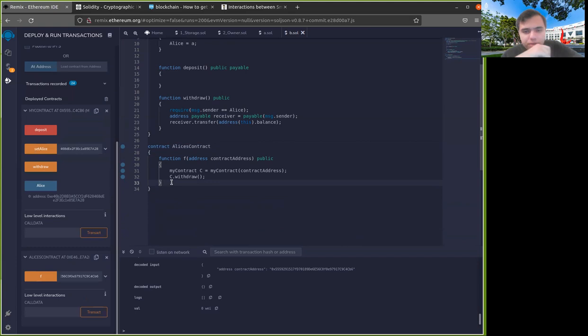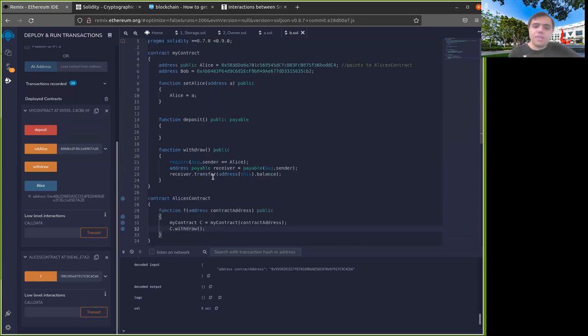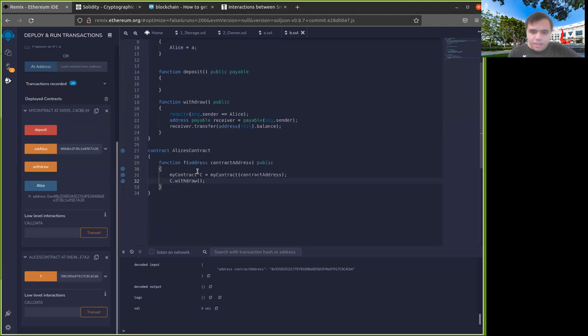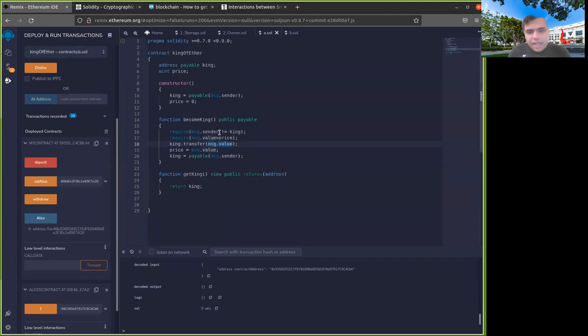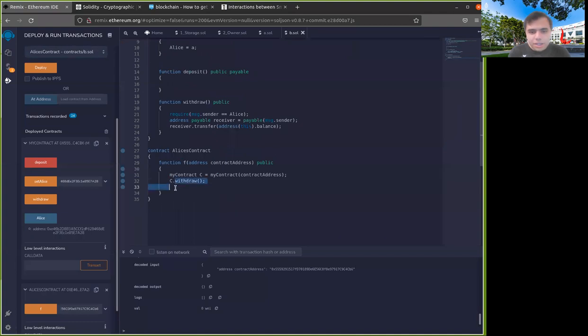So what I can do here is say, okay, first withdraw from the previous contract and then pay a bribe to the miner, right? And again, the way I can do this is just like before. If I have the address of the miner, I can just say pay a bribe to the miner here in the code of this contract.